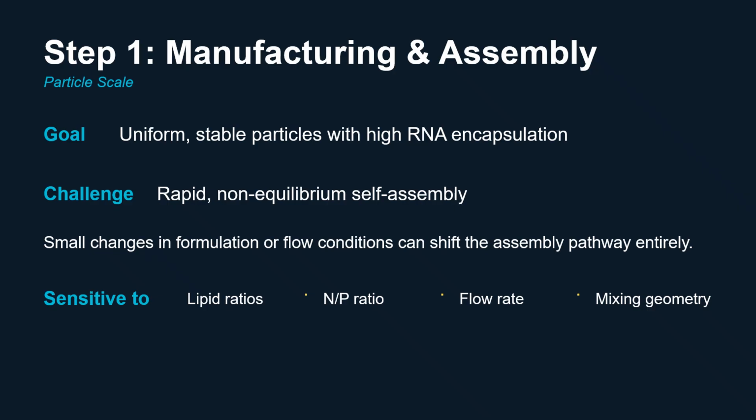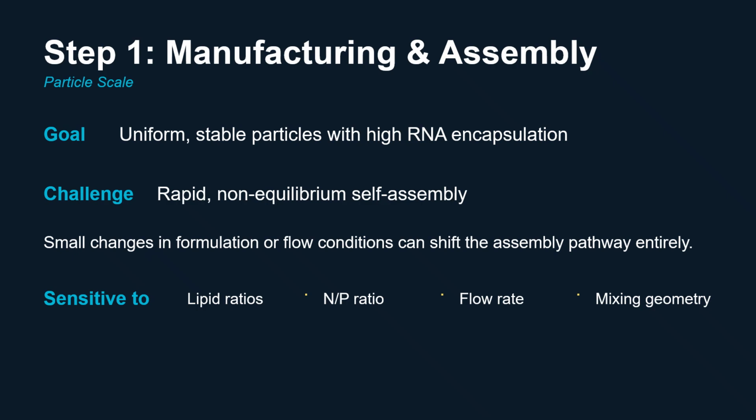But in real life, this step is not easy because particle formation happens very quickly during mixing. Small changes in formulation or flow can push the system down very different assembly paths.